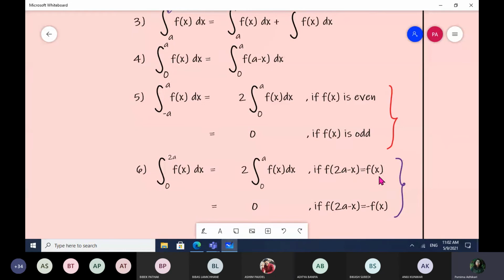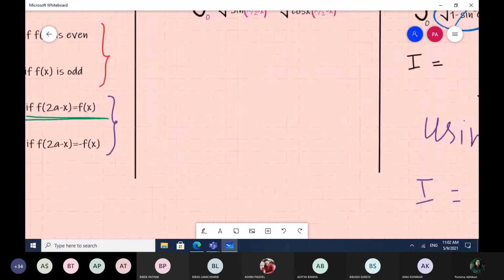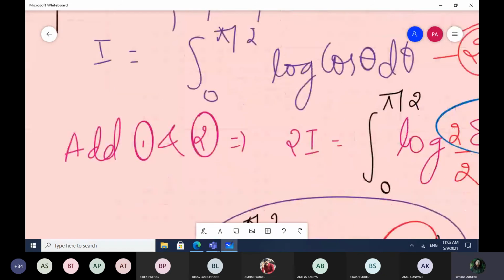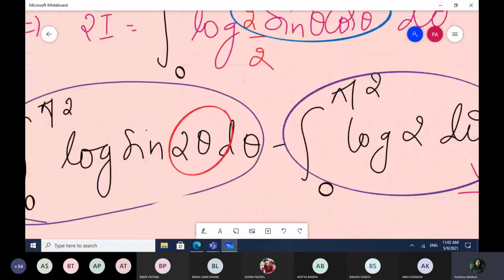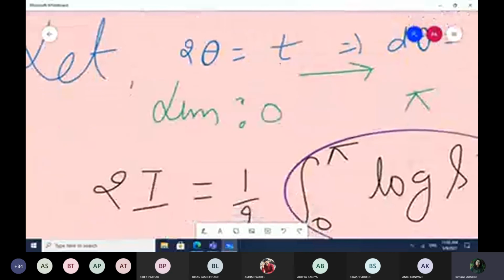Yes, ma'am. It satisfies your first condition. Sin theta, sin pi minus theta is also equal to sin theta. So it satisfies this condition.